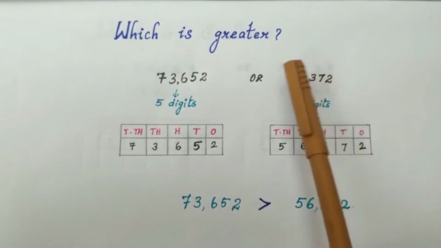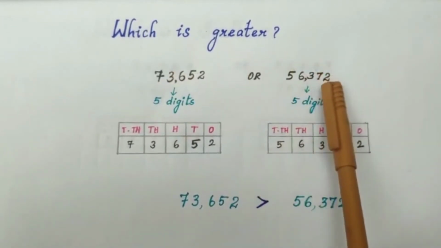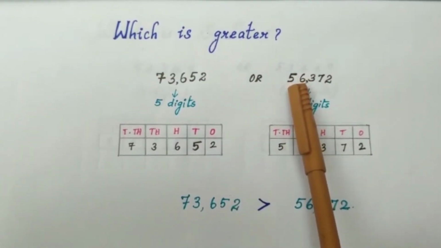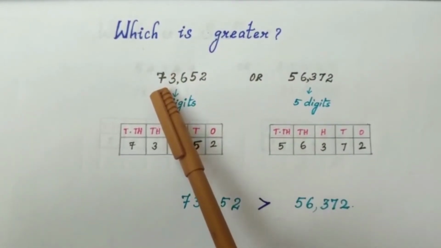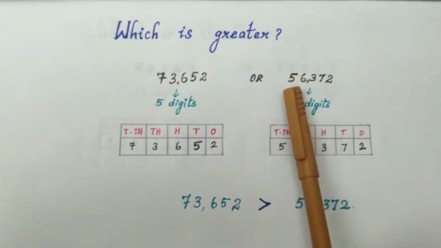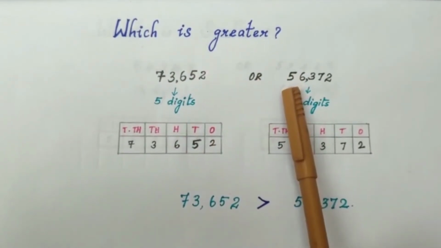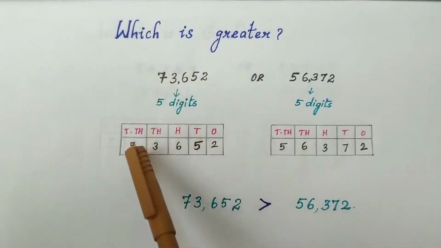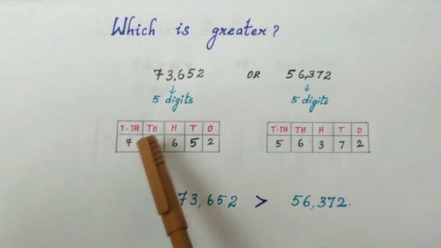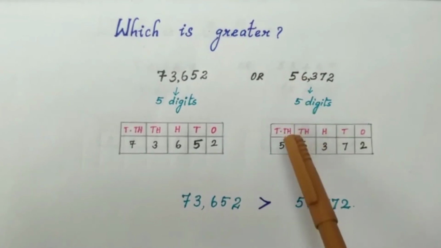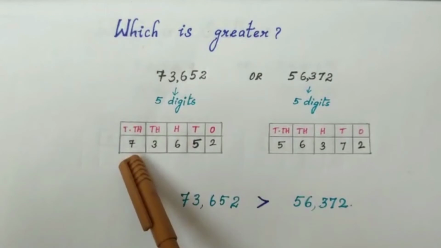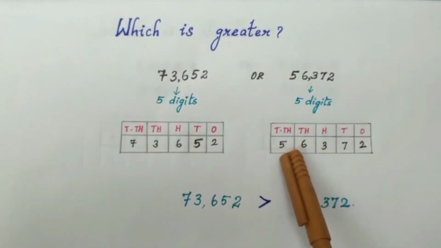So the first digit in both the numbers are 7 and 5. 7 is the first digit in the first number and 5 is the first digit in the second number. In the first number, 7 is placed in 10,000s column, and in the second number, 5 is placed in 10,000s column. Hence, 7 is greater than 5.